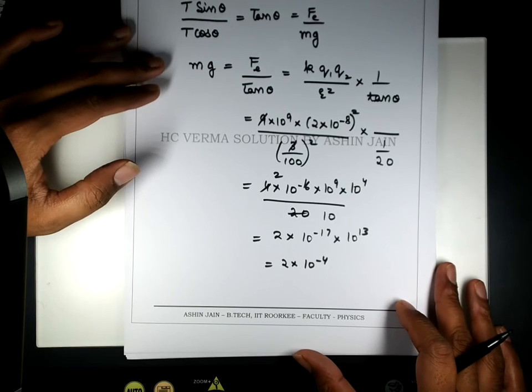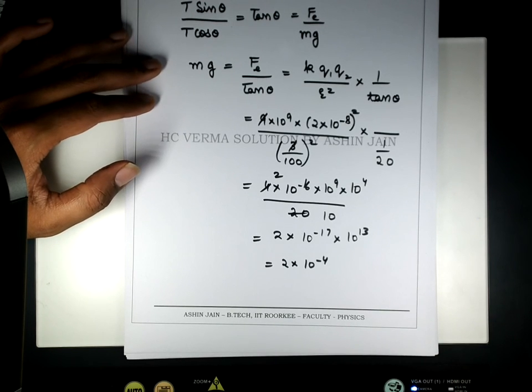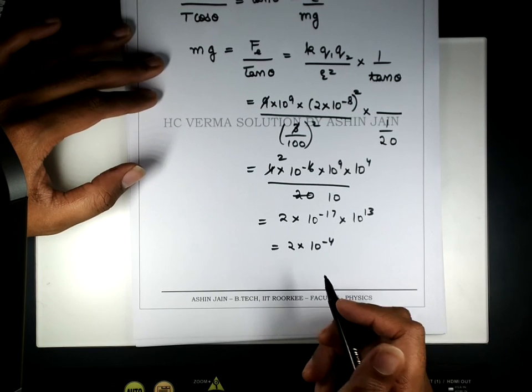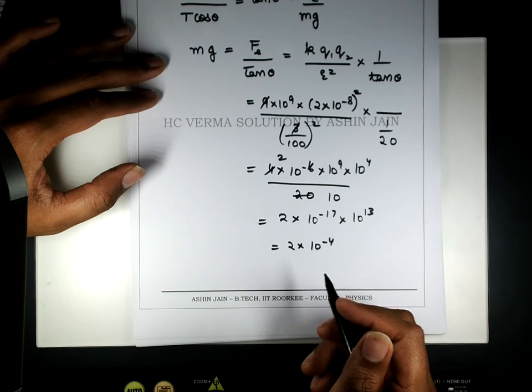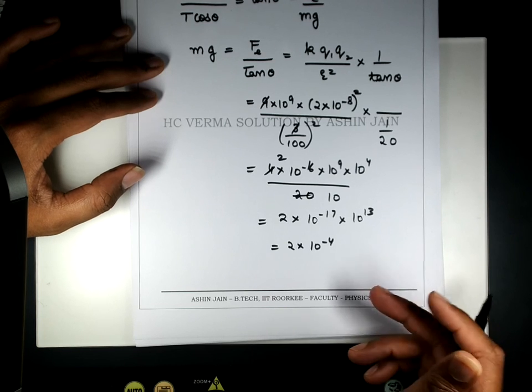That would be the outcome for this part. If this is 2 into 10 to the power minus 4, there has been a slight calculation error.